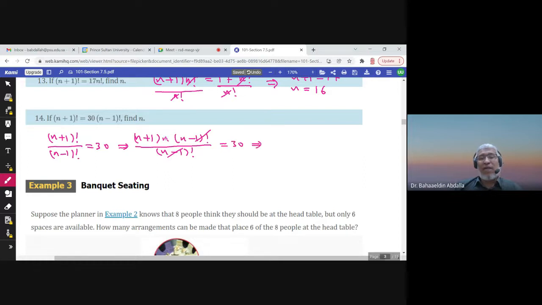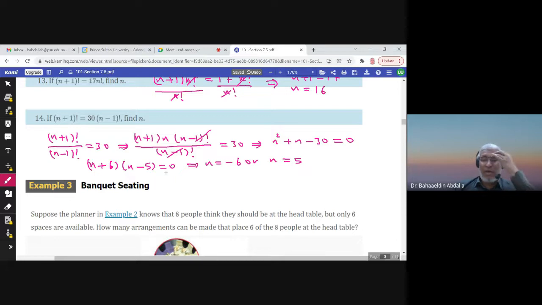If I expand this, I'll have n squared plus n. If I take 30 to the other side, I'll have this quadratic equation, and I can solve this equation by factoring: n plus 6 times n minus 5 is 0. Now 6 minus 5 is 1. So either n is negative 6 or n is 5.